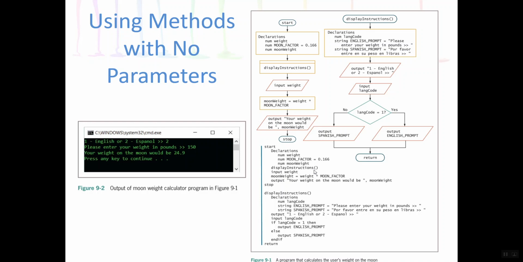So at this point here where this is called, it literally jumps down here. The program executes all of display instructions and returns back up to its caller. Main then resumes with inputting the weight and so forth. So that's an example of a program that utilizes a method.